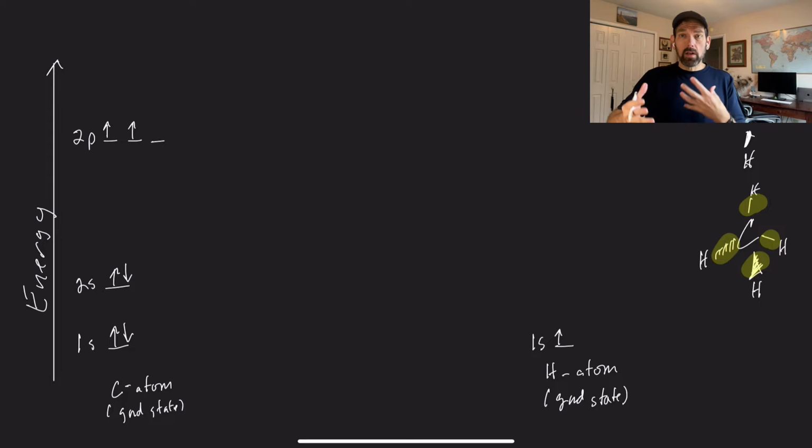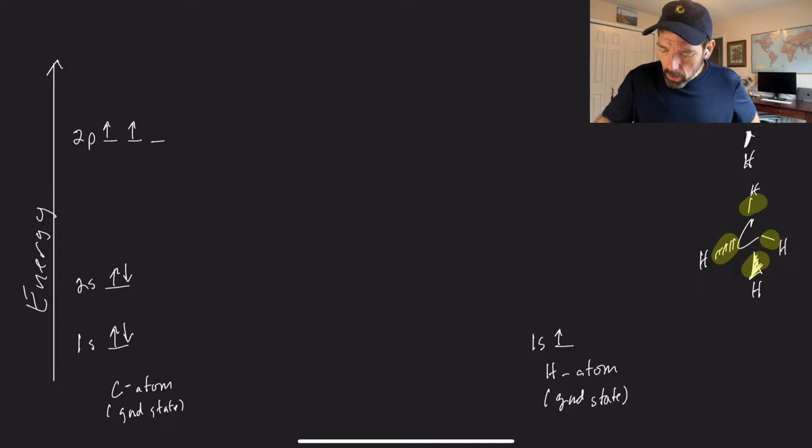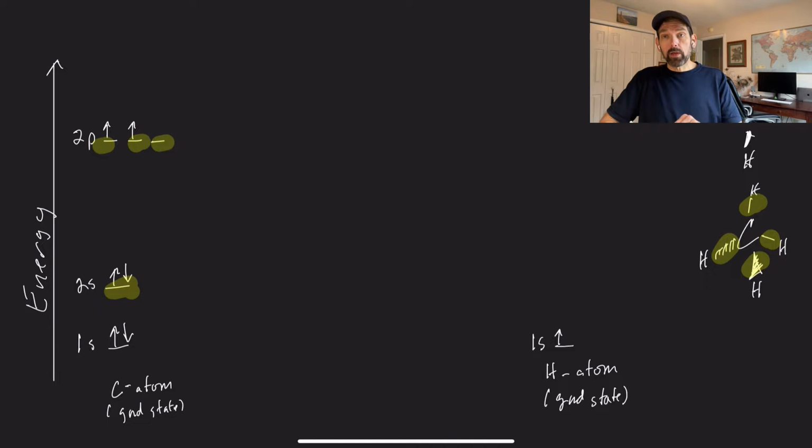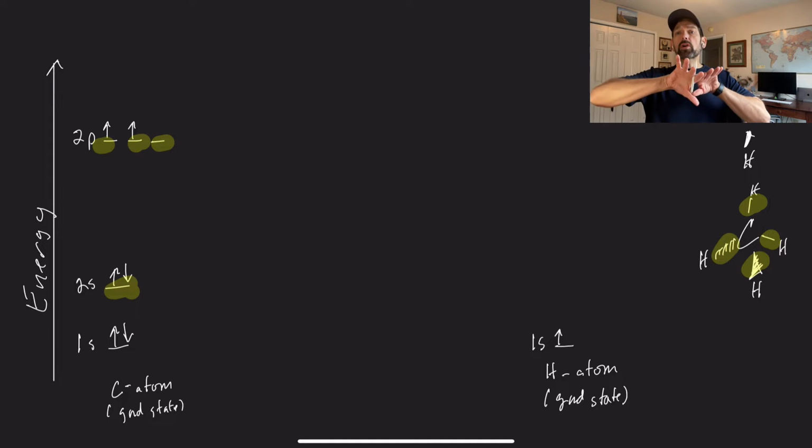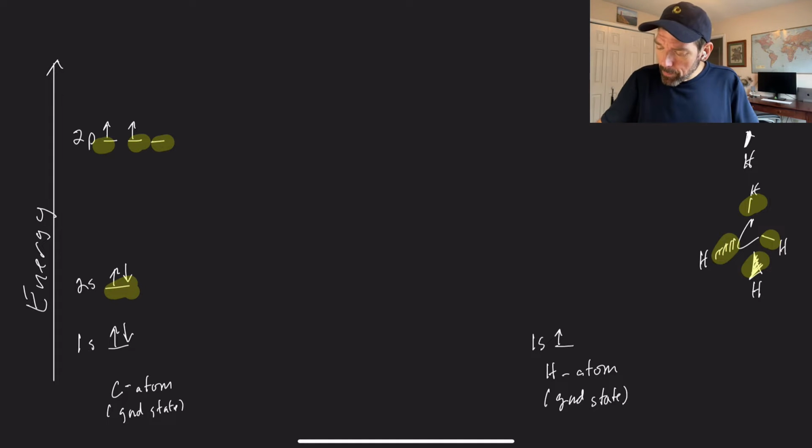There needs to be 4 in some way. In this case, there's 4 bonding domains, so you can see 1, 2, 3, 4 regions of space right here. So we need all 4 of those regions of space to be together in such a way that the electrons can evenly distribute themselves, right?